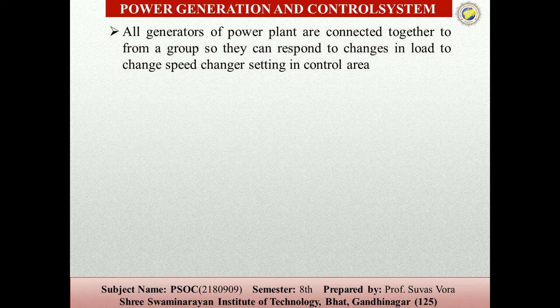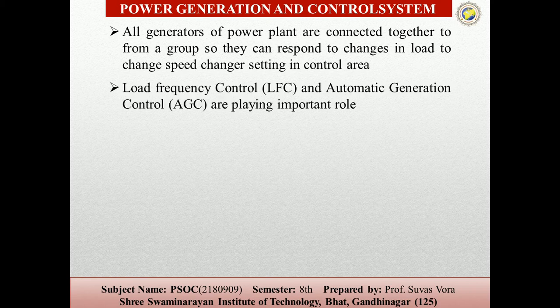So in the power generation and the control systems, all the generators of the power plant are connected together to form of the group so they can respond to change in the load, to change in speed setting the control areas. So the load frequency control and the automatic generations control are playing the important roles.